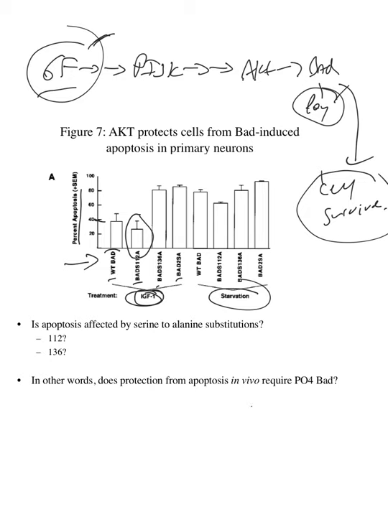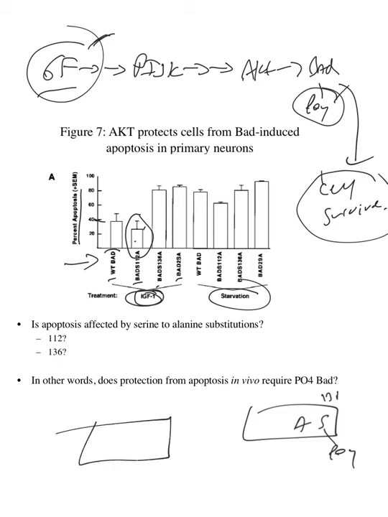Remember, the 112 mutant still contains the serine at position 136. So phosphorylation in the pathway can still occur, and that'll lead to more cell survival, which it does. Okay. What happens if instead of putting in the 112 mutant construct, we put in the 136 alanine mutant construct? Now we've eliminated the phosphorylation site, so that can't happen.